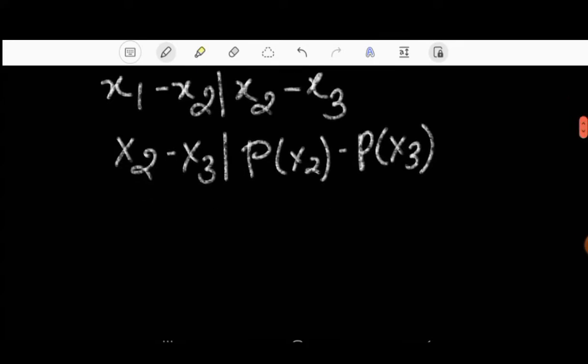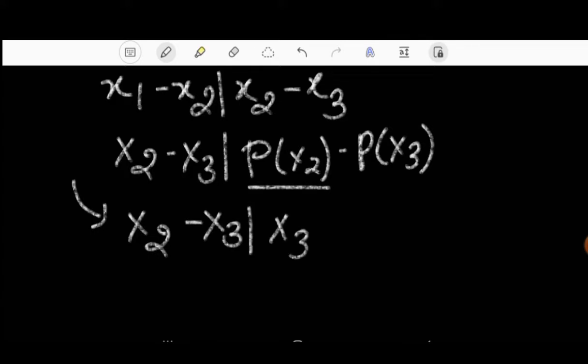So we can say x2 minus x3 divides P of x2, which is x3, minus P of x3, which is x4.